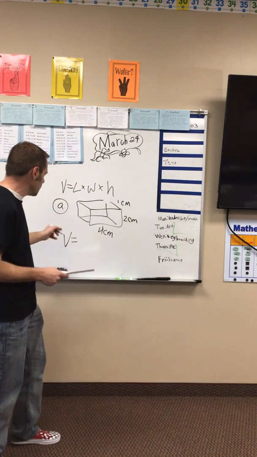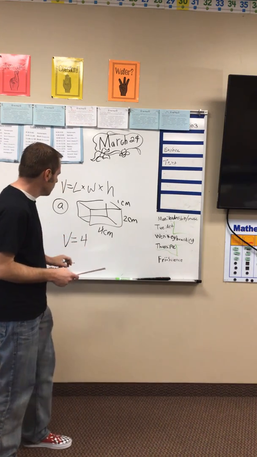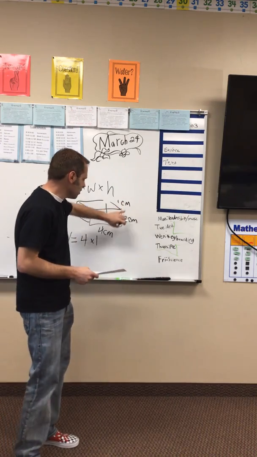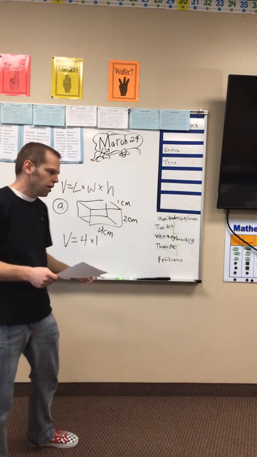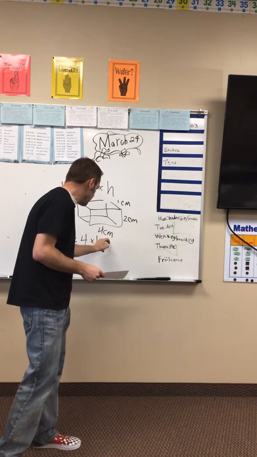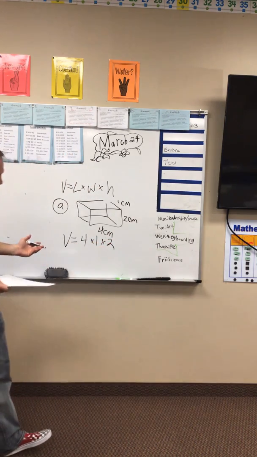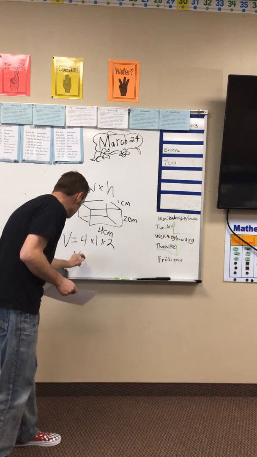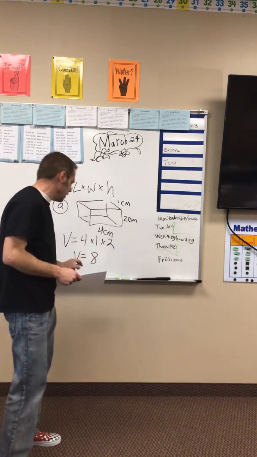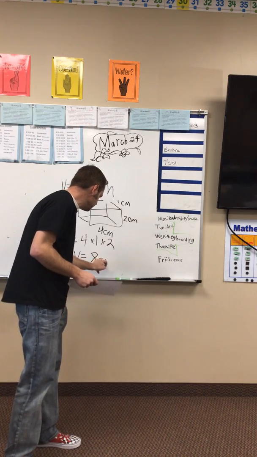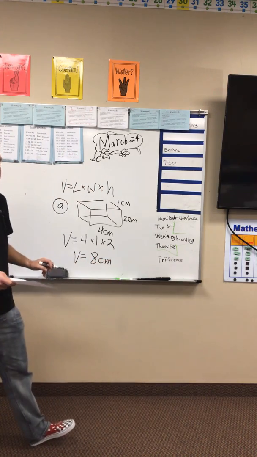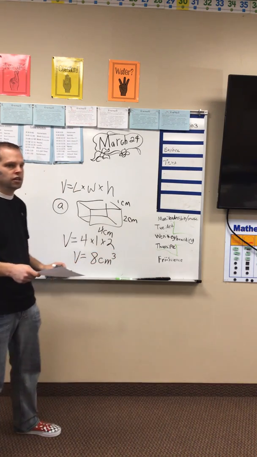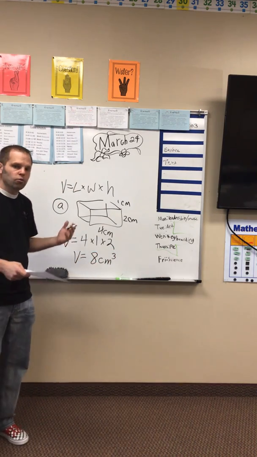So volume is length, which is 4, times width, which is 1, and it's okay if you mix the numbers up a little bit because you're really just going to multiply all 3, times your height, which is 2. 4 times 1 is 4, 4 times 2 is 8. My volume is going to be 8. I label that centimeters. And again, remember to add the cube because you're talking in cubic units: length, width, and height.